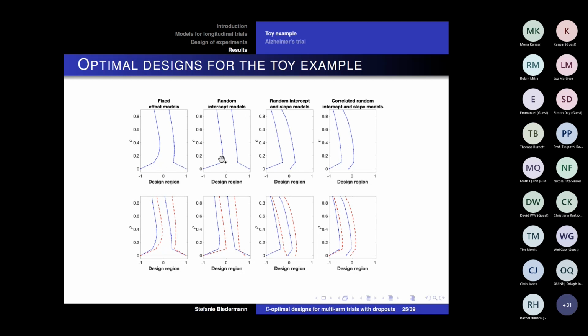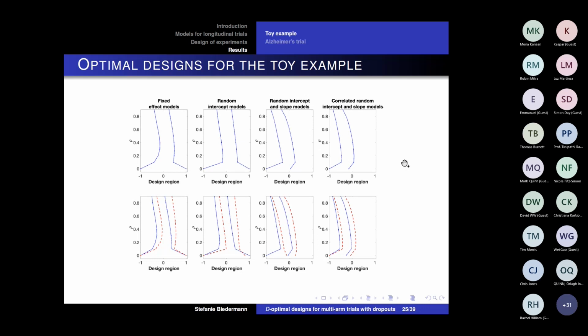We've got the 2 time points nicely in the center of the time axis, and they seem to be going left a bit when rho increases. For the other 2 models where we have even more correlation by having an extra random slope, then we can see the designs want to take the time points even a bit earlier than just for the random intercept model.